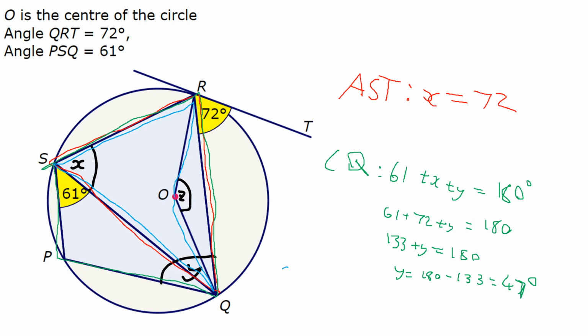So Z is just equal to 2x, which is equal to 2 times 72. And so therefore Z is equal to 144. So all we've done is use 3 circle theorems, and now we've worked out 3 different angles.